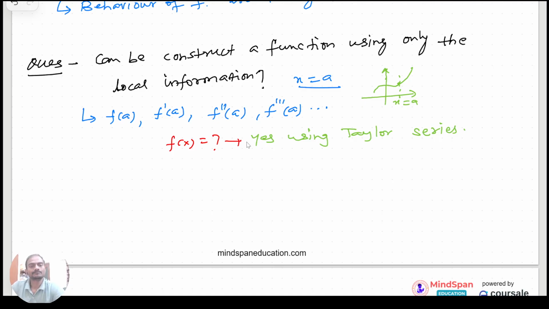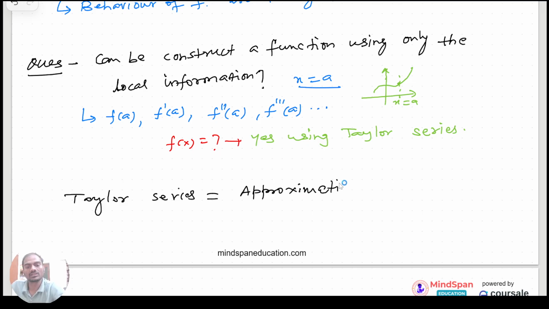So by this, you can intuitively say that whatever polynomial we get using Taylor series is an approximation of the function.